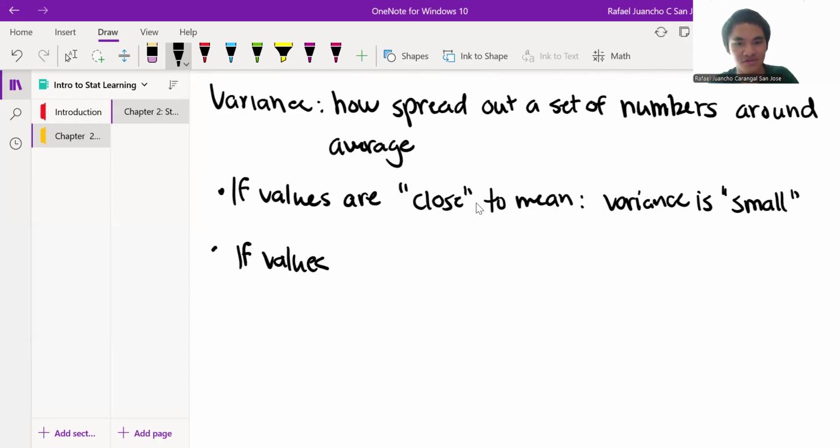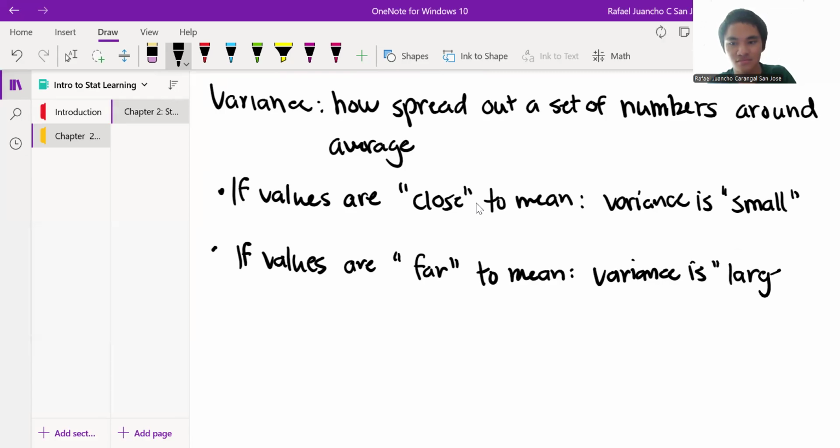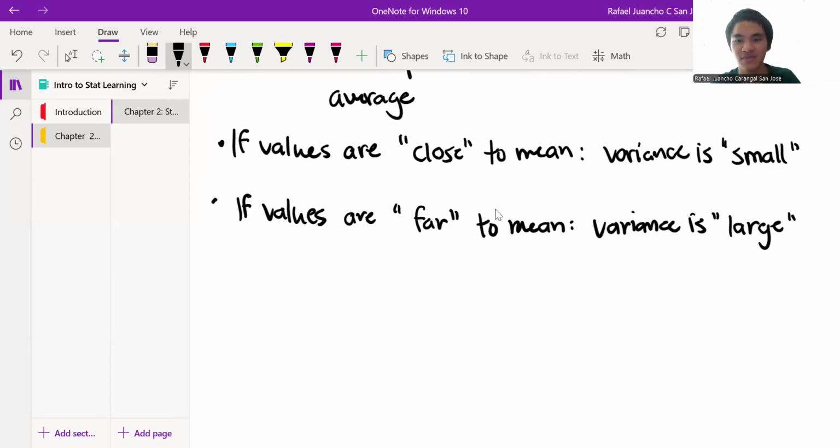If the values are large or far from the mean, then we can say variance is bigger. Usually when we're curve fitting, we probably want a small variance. A zero variance means it's perfect, right? And there is a formula for this, which is: take each value, subtract the mean, so you see how far it is from the average.